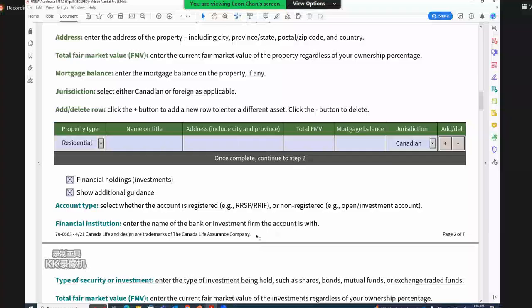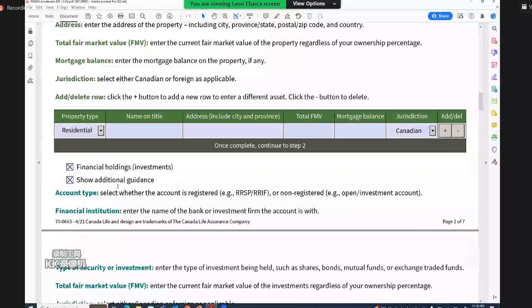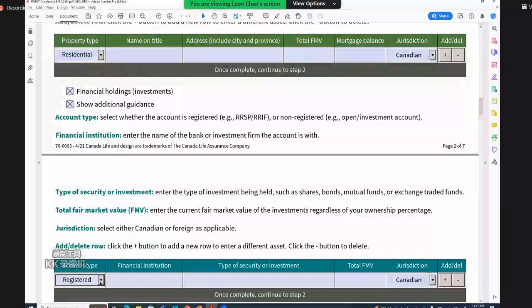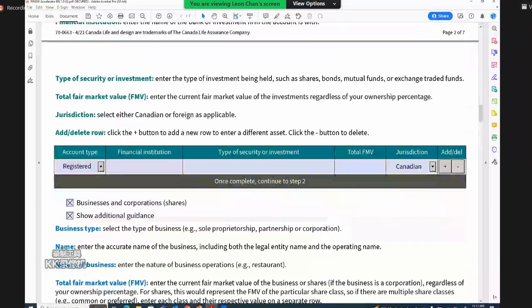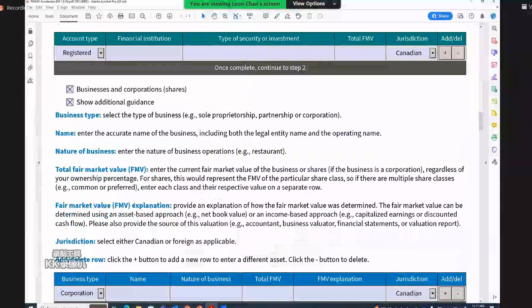If it's an investment asset, such as a financial holding, so things such as non-registered accounts, or registered accounts, you can put that sort of information down into here as per the statements after it's been collected as well, right? Business and corporations: understanding, once again, how it traces back up to the overall insured.